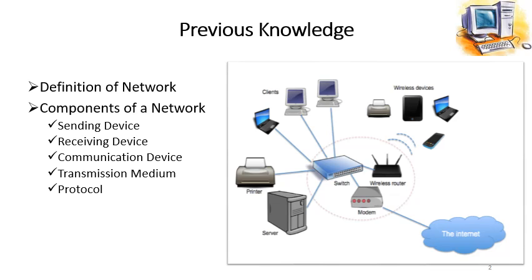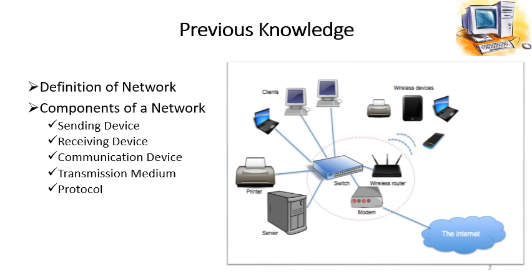If you see the receiving devices, along with the desktop computers, laptops, mobile phones, server, the printers which are connected in this network, they are the receiving devices. Communication devices are also there, like switch, wireless router and modem. These are the communication devices which are connected in this network.